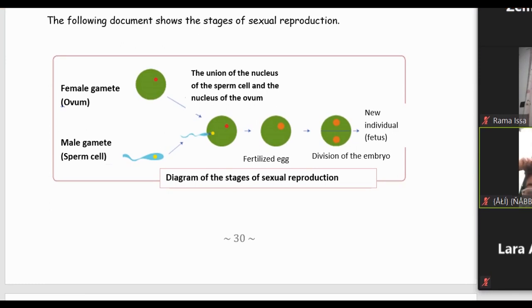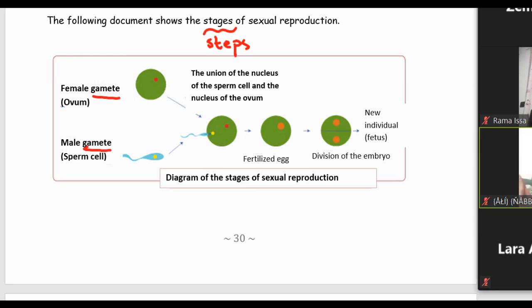The following document shows the stages of sexual reproduction. Stages means the steps. The word stages means steps done in sexual reproduction. Of course, sexual reproduction involves the female gamete.